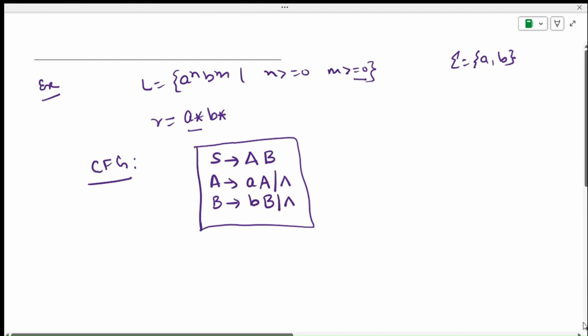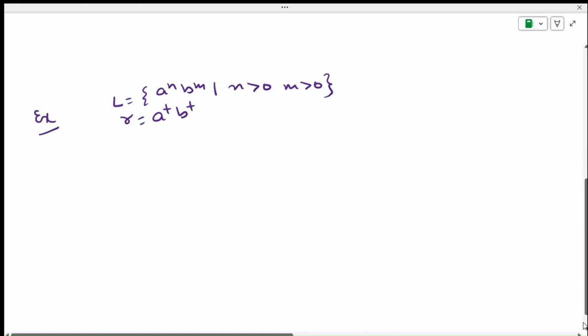Take the next example. Suppose I have a raised to the power n, b raised to the power m, where n and m this time are not equal to 0. Means the smallest value of n has to be 1, and the smallest value of m has to be 1. So we'll start with this.